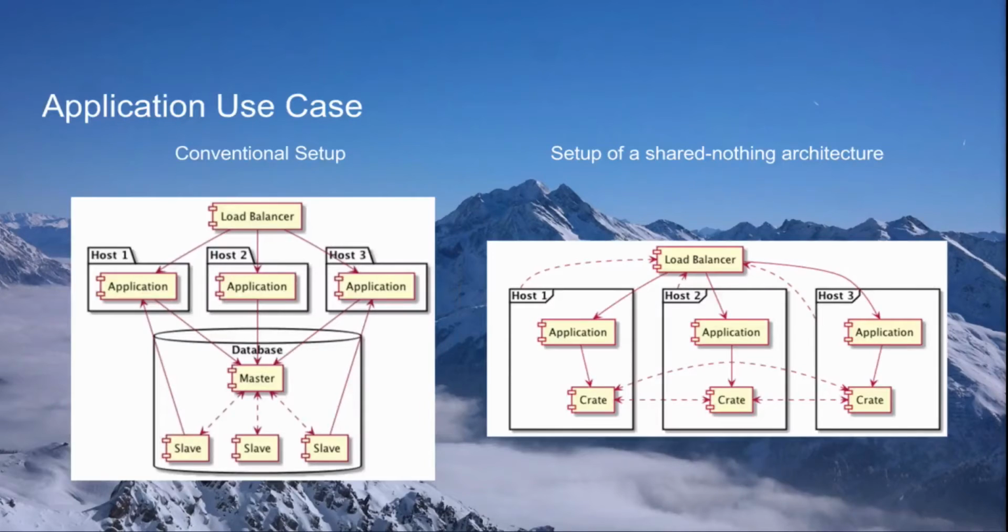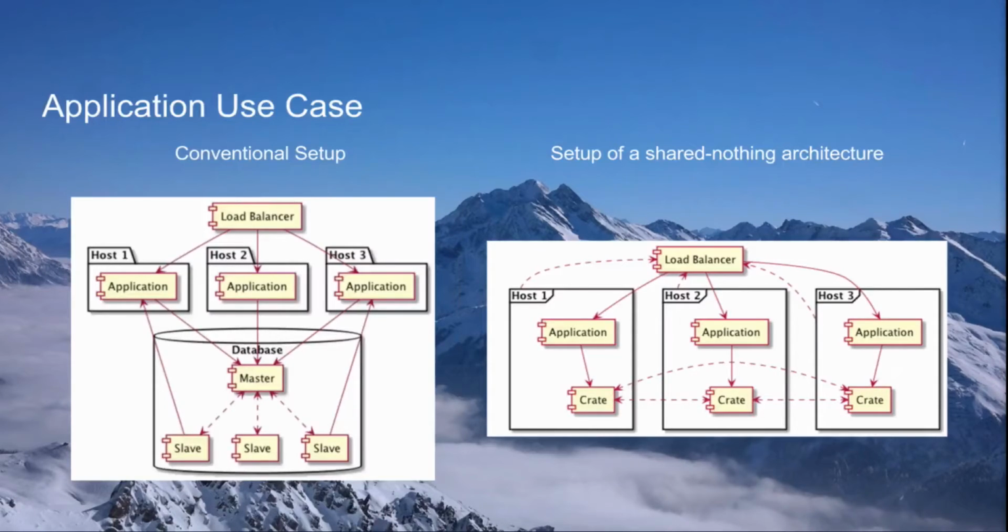If you deploy an instance of Crate together with every application server, you will be able to dynamically scale up and down your database backend, depending on your needs. The application only needs to communicate to its bound Crate instance on localhost. So the application is connected to Crate only on localhost, but Crate runs on each host.